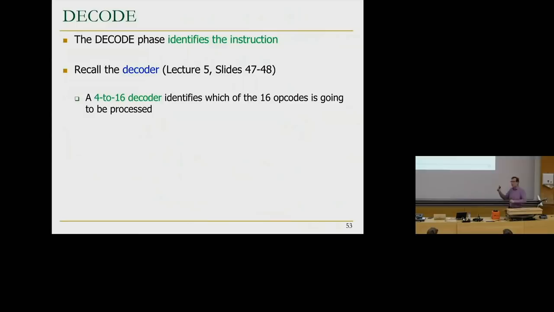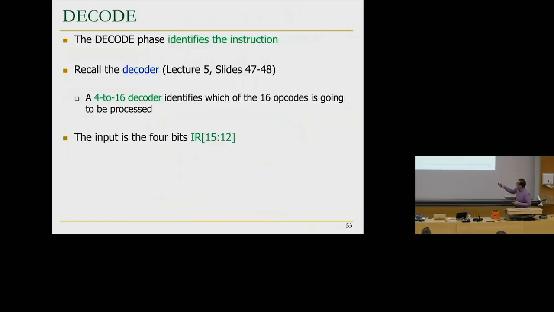Remember, when I introduced the decoder, I said it's a pattern matcher. Opcode is a pattern, a 4-bit pattern. You want to figure out what that 4-bit pattern is and raise the right signal saying, oh, okay, this is an add, this is an AND, this is a load register, different types of load, this is a NOT, this is an XOR, okay? So basically, LC3 has 16 instructions decoded this way.